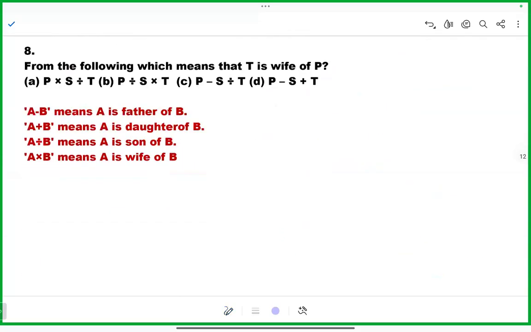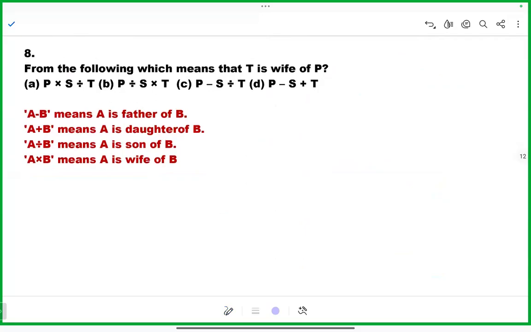Let's move on. Number 8. This is a different type from the following, which means that T is the wife of P. Now you try and tell me.